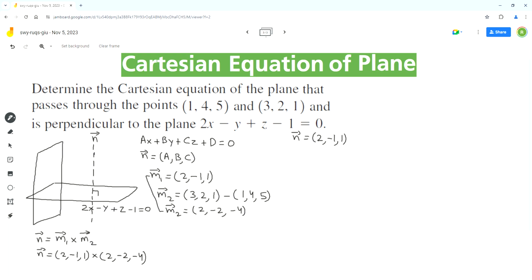Now we can do the cross product by stacking the y, z, x and y components of these two vectors.